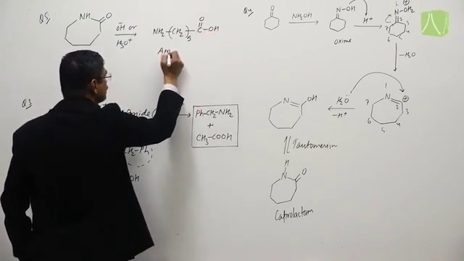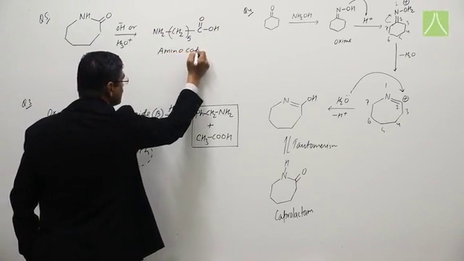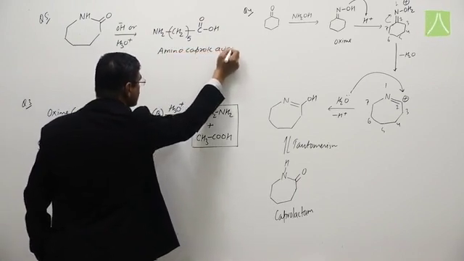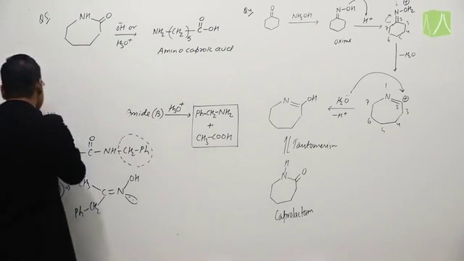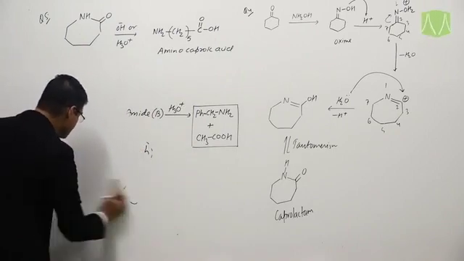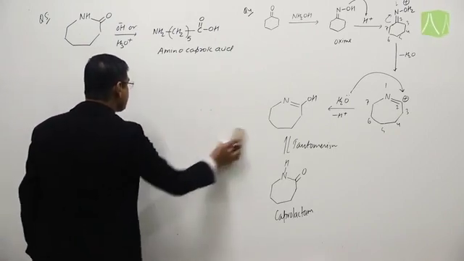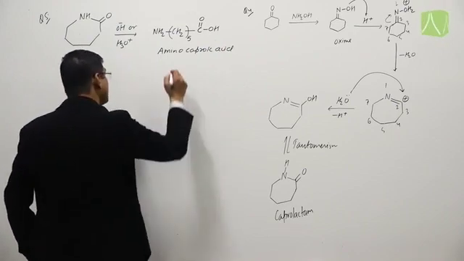This is aminocaproic acid, and this aminocaproic acid is used to prepare a polymer known as nylon 6.